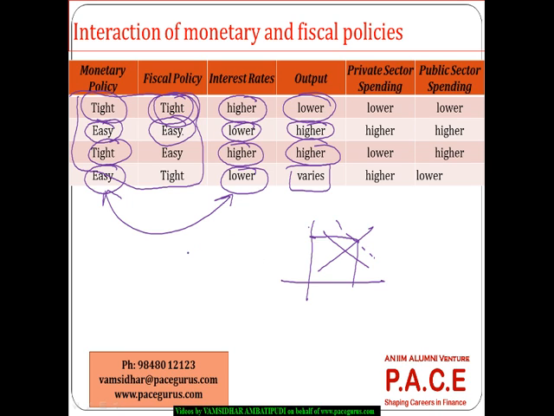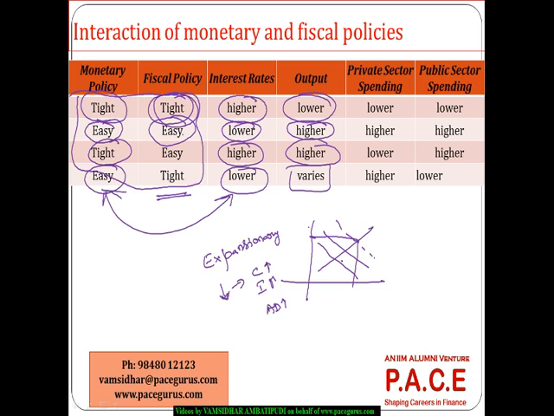With an expansionary monetary policy, right now we could see expansionary monetary and contractionary fiscal. A contractionary fiscal policy is reducing the output, whereas expansionary monetary is increasing the output, because when the monetary policy is expanded, we see that aggregate demand is shifting to the right, because an expansionary monetary policy is reducing the interest rates, and if the interest rates are reduced, obviously consumption is going to go up, investment is going to go up, aggregate demand is going to shift to the right.